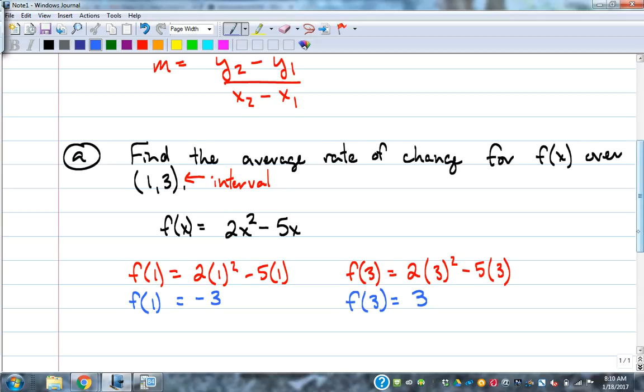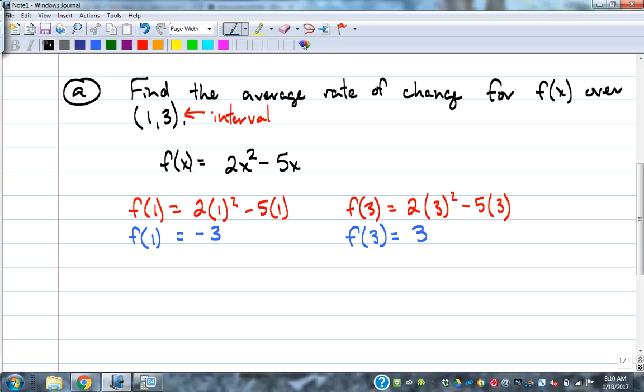Okay. So ordered pairs, if it helps you to write them as ordered pairs: (1, -3) and (3, 3). That's our ordered pairs that we're using to find the slope. Maybe that helps you.